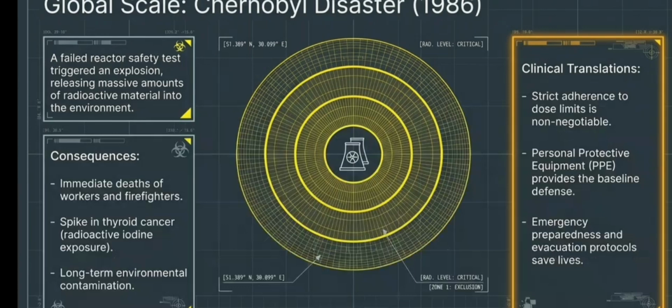Next is the community scale, dealing with orphan sources and regulatory blindness. Narrowing further, we look at the machine scale, where software malfunction and blind trust in technology lead to disaster. Finally, at the sharp end of patient care, we have the procedure scale, where cumulative dose and operator unawareness cause localized harm.